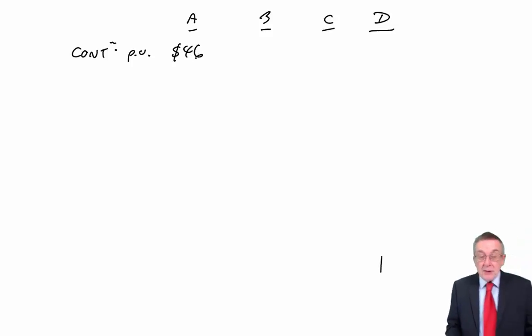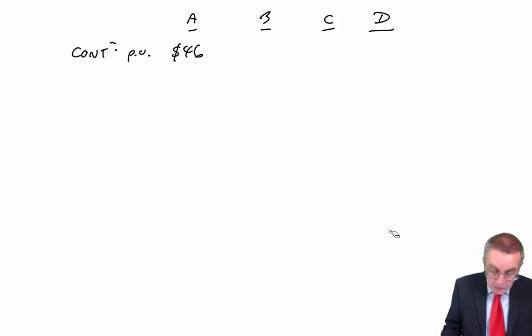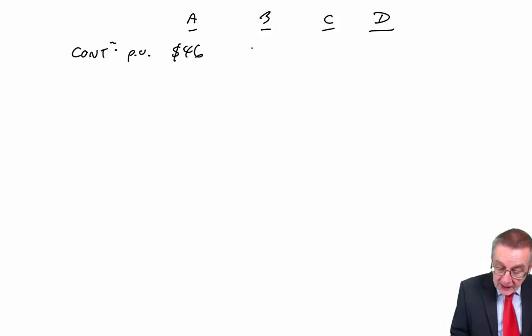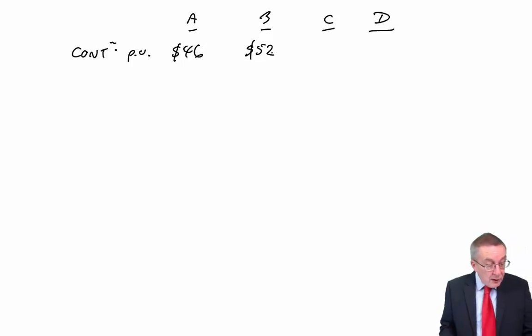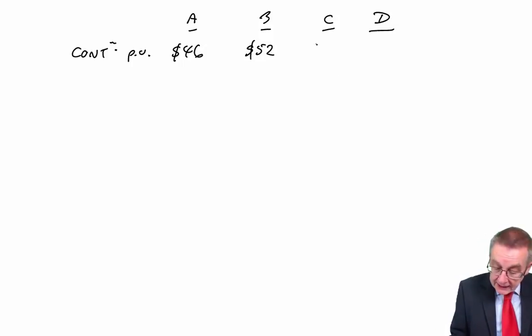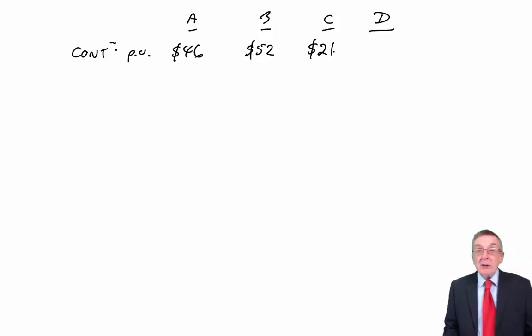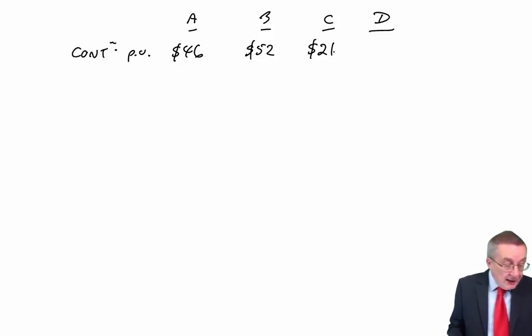So it's a contribution of 46 a unit. For B, a profit of 42 after overheads of 10. So the contribution is 52 a unit. For C, profit 13, fixed overheads 8. Contribution 21 a unit. And finally for D, 48 plus 12, 60.